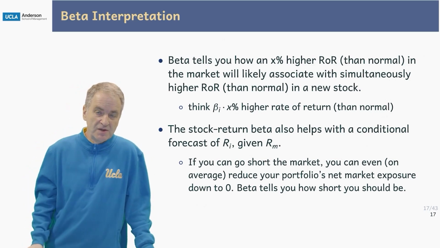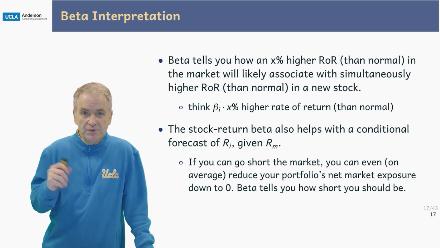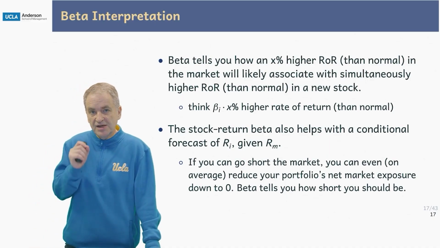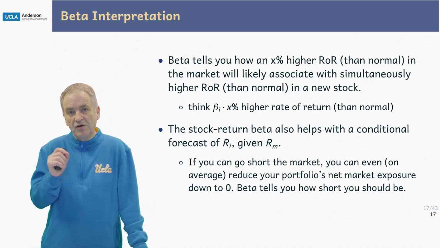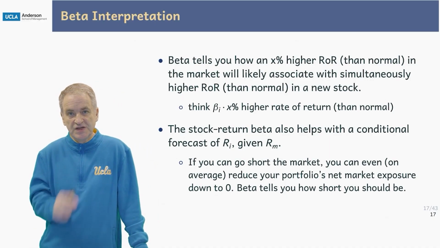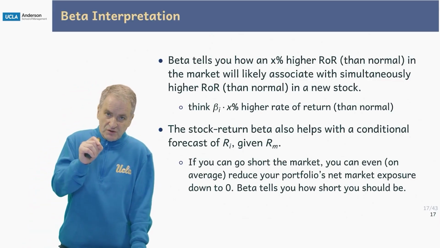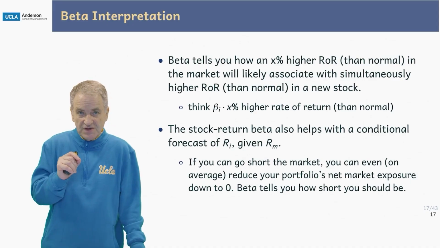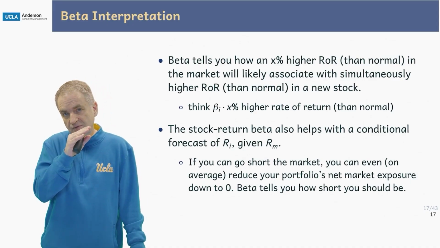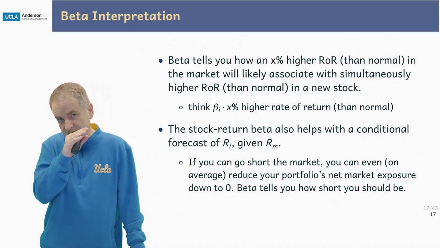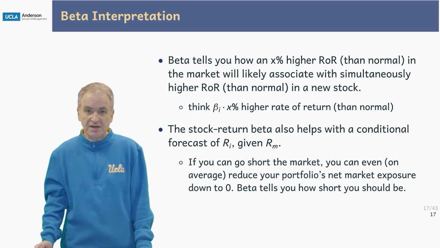So if I tell you that the market was 10%, the beta actually gives you an idea of what the rate of return on your security should be. So if it's a negative beta and the rate of return on the market was plus 10%, that means that the rate of return on your particular asset is less than you expected it to be.